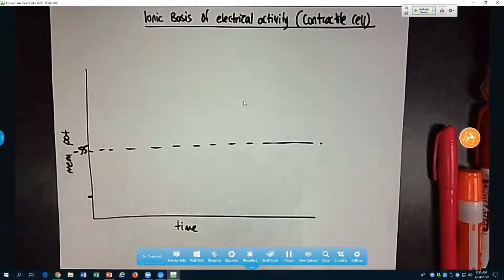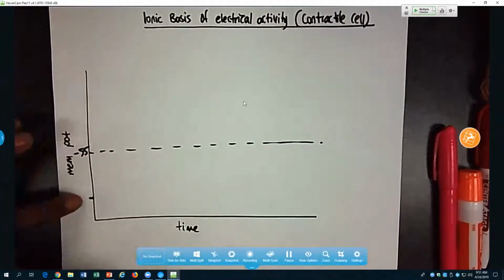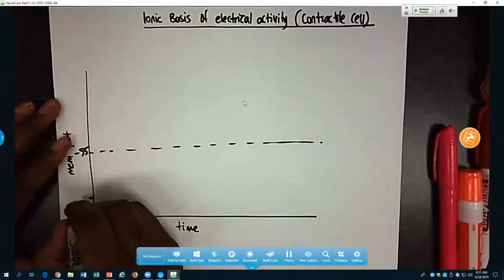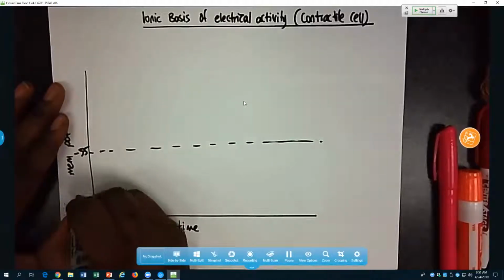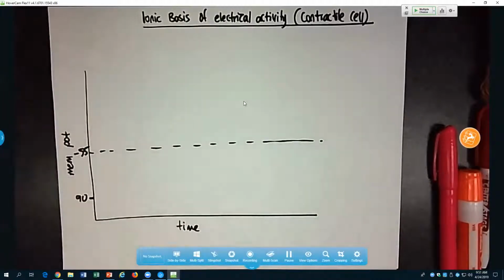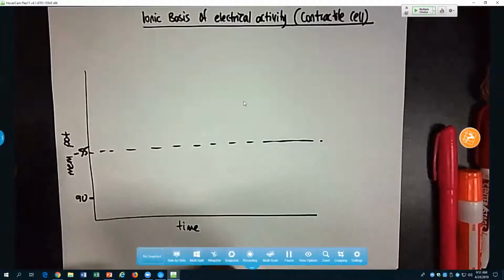So the ionic basis for these two cells differs because there are different amounts of ion channels on these two cells. We have more potassium channels here, and so the membrane is going to be at rest a little bit more negative than it was for a pacemaker cell, so -90 here.